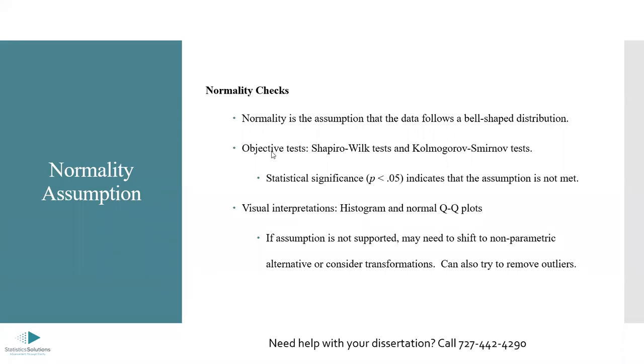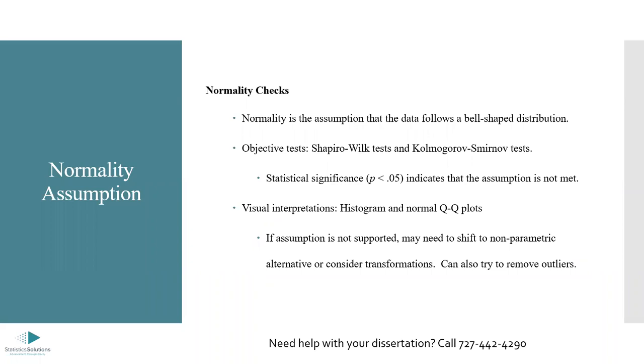And if your assumption of normality is violated, it's not supported, then you might want to consider shifting to a non-parametric approach or consider transforming your data. Most analyses like Pearson correlations have a non-parametric alternative, a Spearman correlation or Kendall's tau correlation.